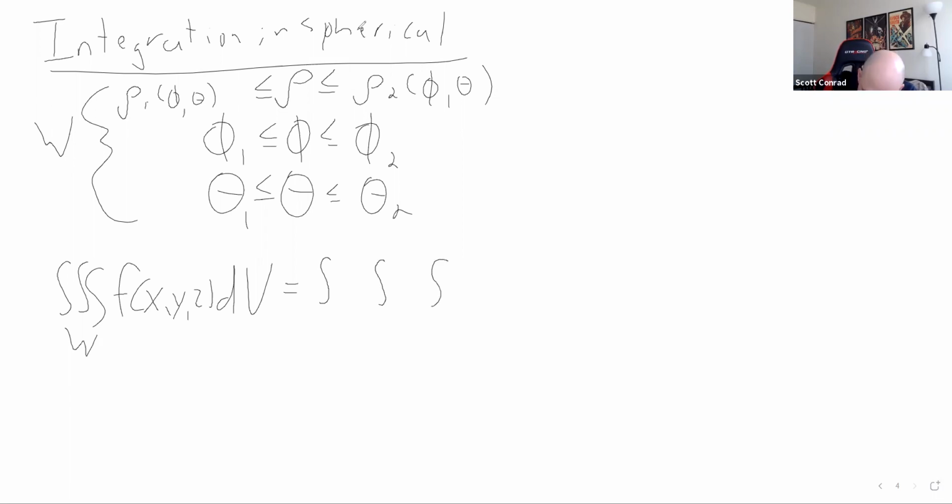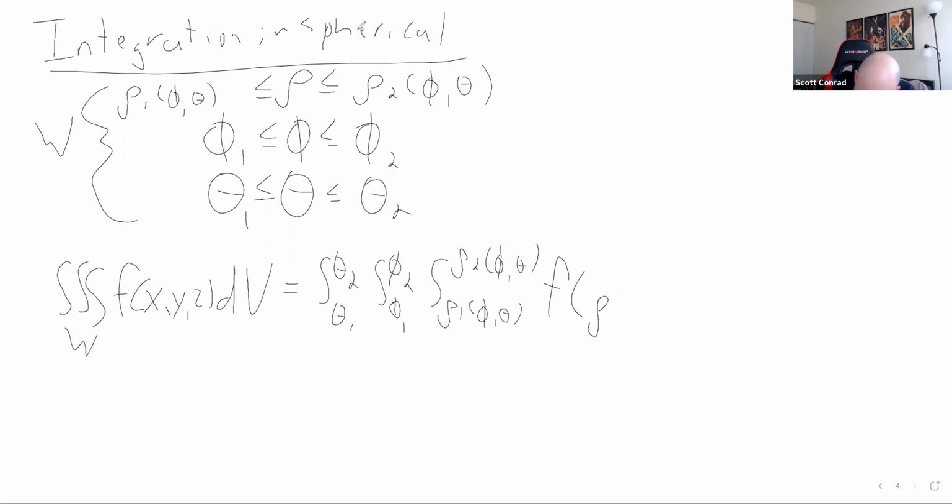Theta is going to go from theta 1 to theta 2. Phi is going to go from phi 1 to phi 2. Rho is going to go from rho 1 of phi theta to rho 2 of phi theta. So we go to our function f, and we replace x, y, and z with the appropriate thing.